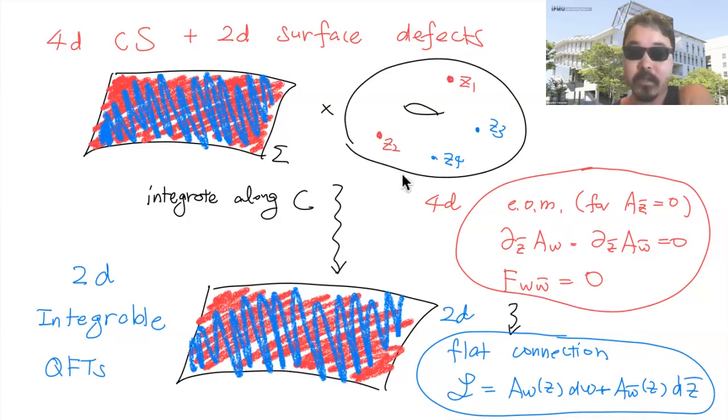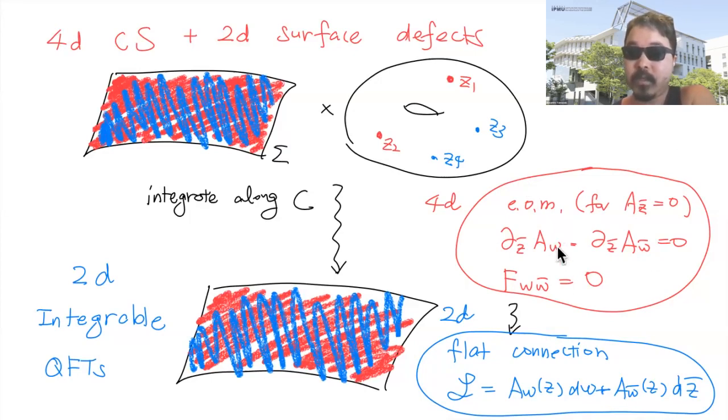But you can try to integrate the theory along the spectral curve, and then what you get is the two-dimensional effective theory. This is the theory you might be familiar with: the integrable quantum field theories which we tend to discuss in the integrable model community. So the 4D-2D coupled description is just another description. But the nice thing about it is that there's a four-dimensional gauge field whose equation of motion simply says that it's a flat connection, essentially.